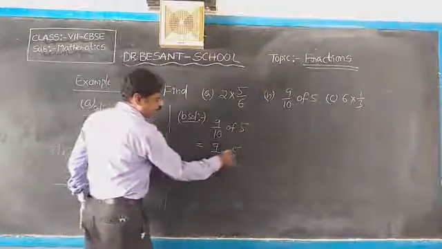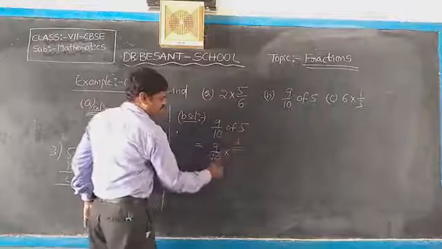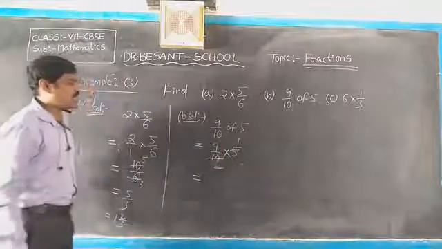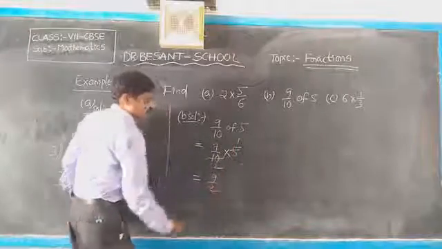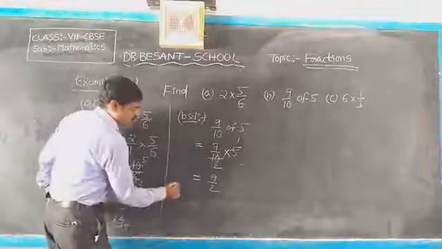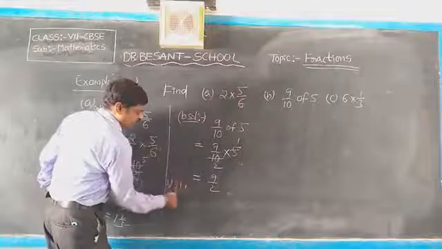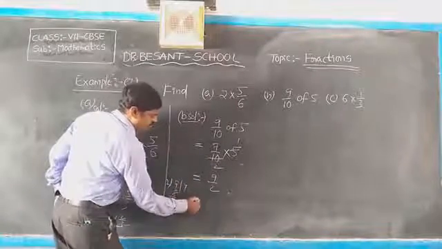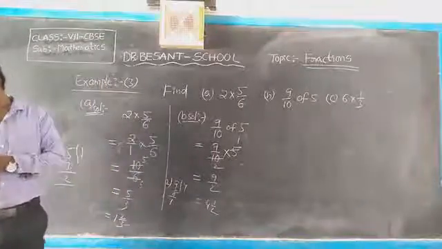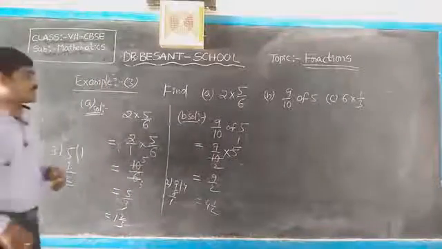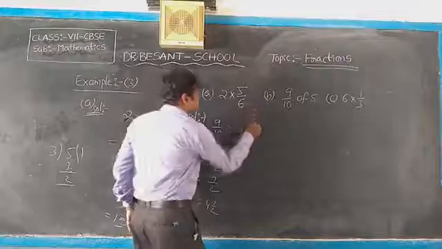So simply you can cut: 5 1s are 5, 2s are 10. That means 9 1s are 9 by 2. So 9 by 2 means 2 4s are 8. So 4 and 1 by 2. Okay. Next, this is B.